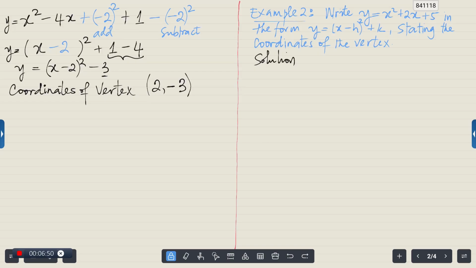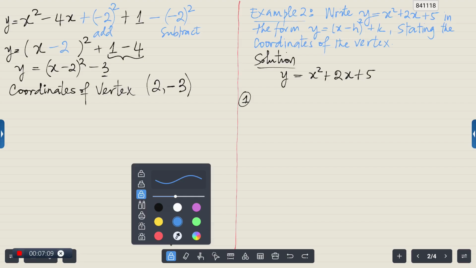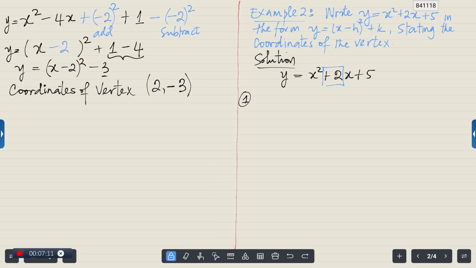Solution. We rewrite the expression y equals x squared plus 2x plus 5. We remember our step 1. We identify the coefficient of x. And we also notice that the coefficient of x squared is 1.